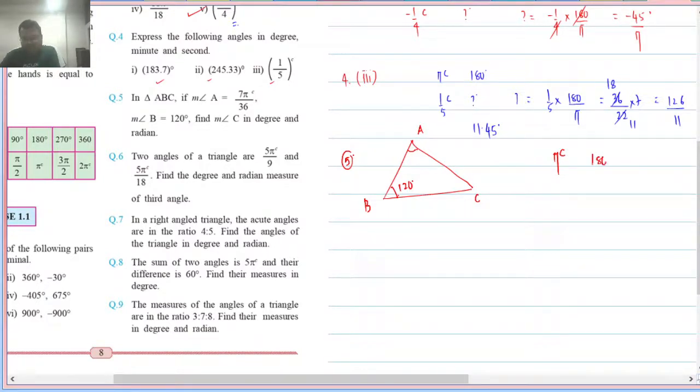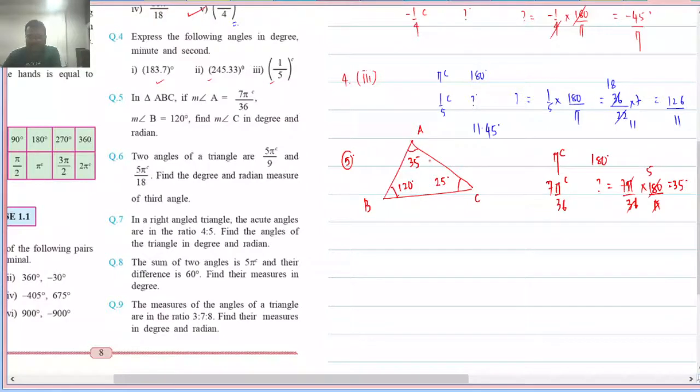Pi radians is 180 degrees, so 7 pi by 36 radians is how many degrees, which is 7 pi by 36 into 180 upon pi. 36 5s are 180, so that is 35. So this is 120 plus 35, 155. This has to be 25.